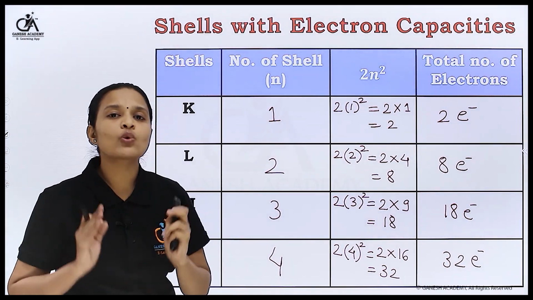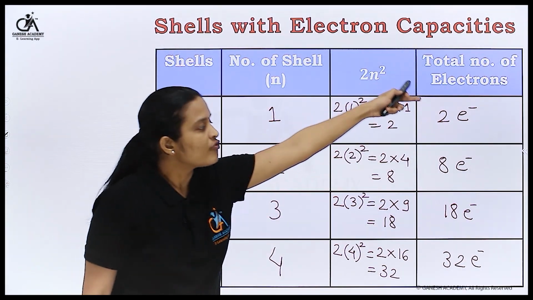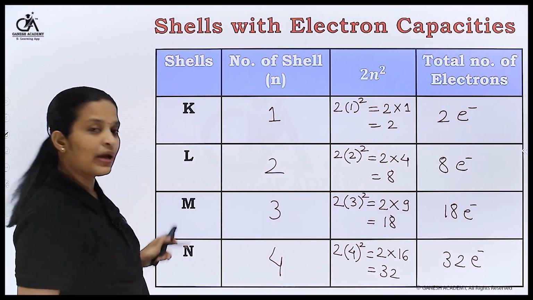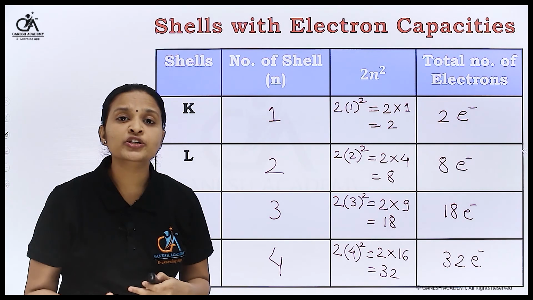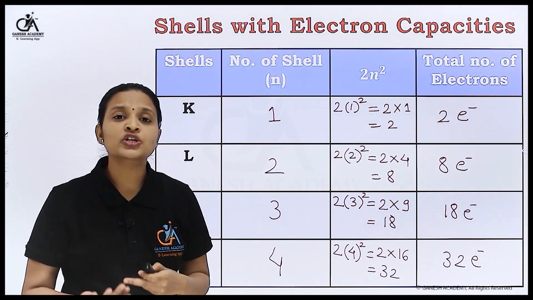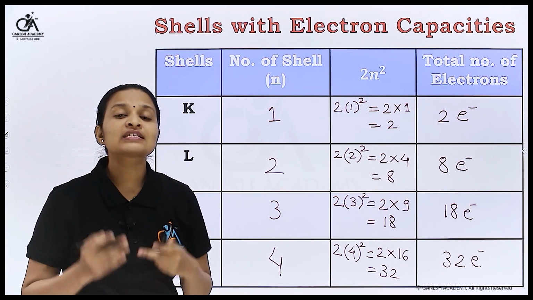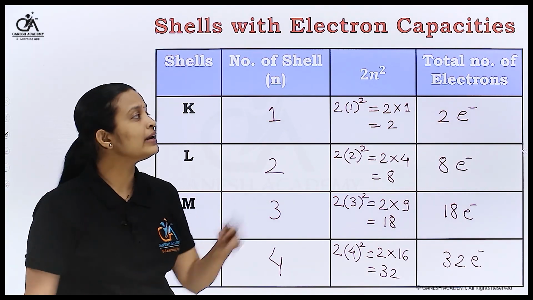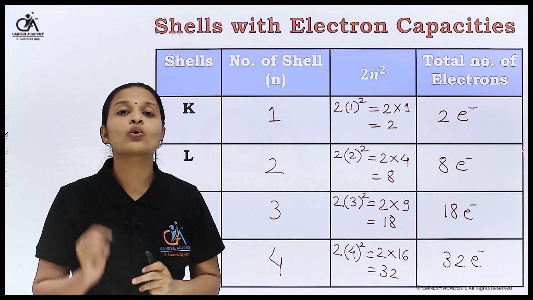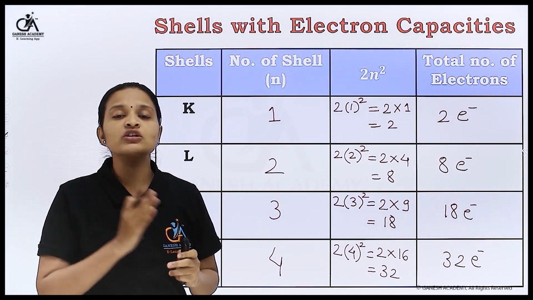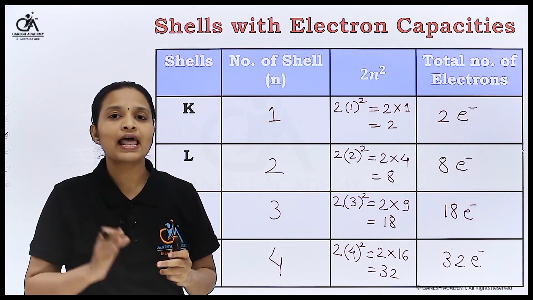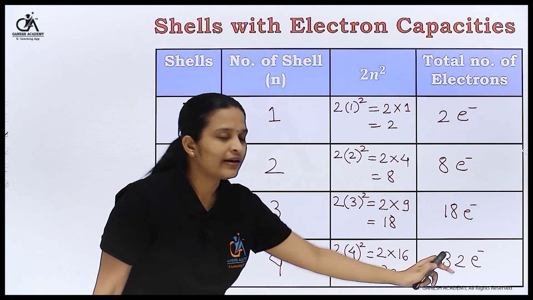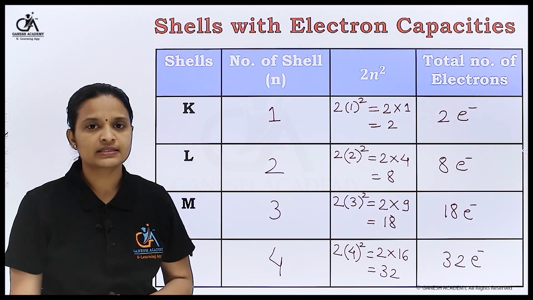But this rule is only applicable up to the first 4 shells, that is K, L, M and N. After that, the next shell will come, and that shell can accommodate a maximum of 8 electrons. So remember this point: the 2n square rule is only applicable up to the first 4 shells, K, L, M, N, and according to that we can write their electron capacities.